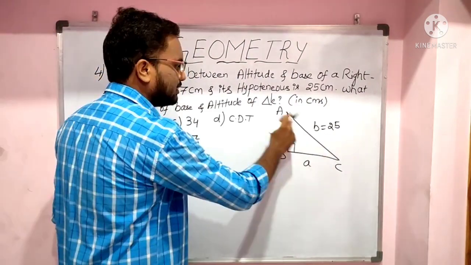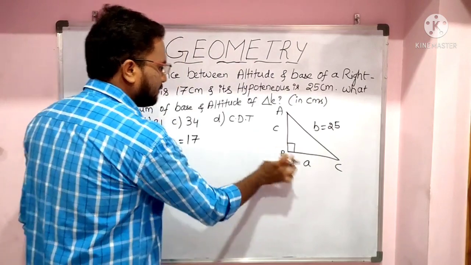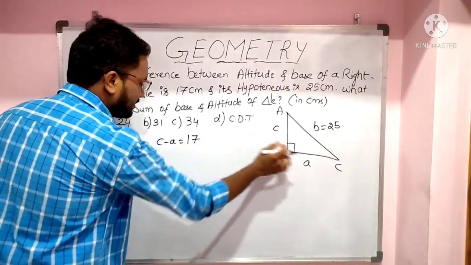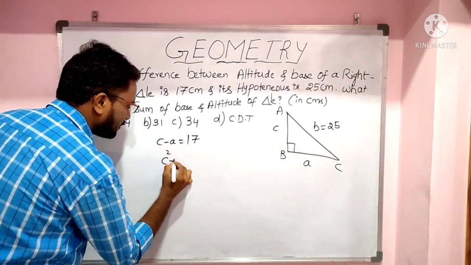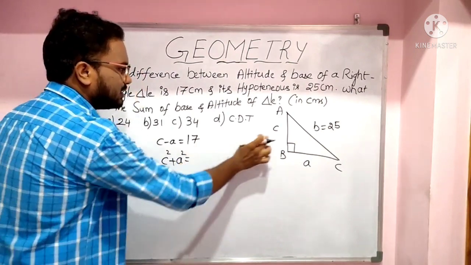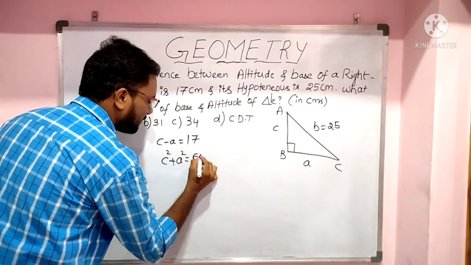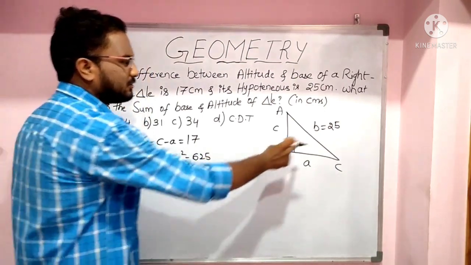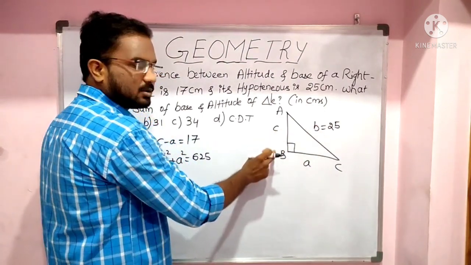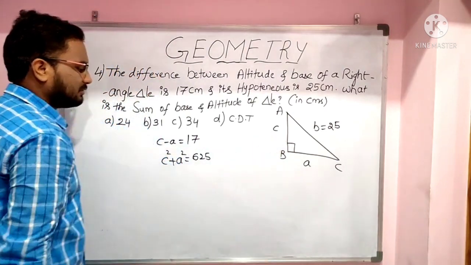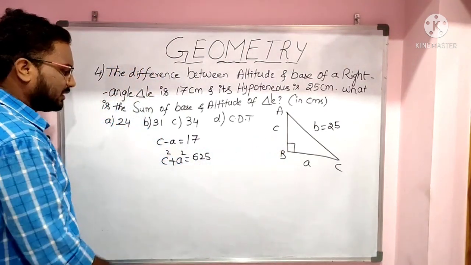So this is a right angle triangle. According to Pythagoras theorem, hypotenuse square equal to sum of the squares of the other two sides. 25 square is 625. So c square plus a square equal to 625.